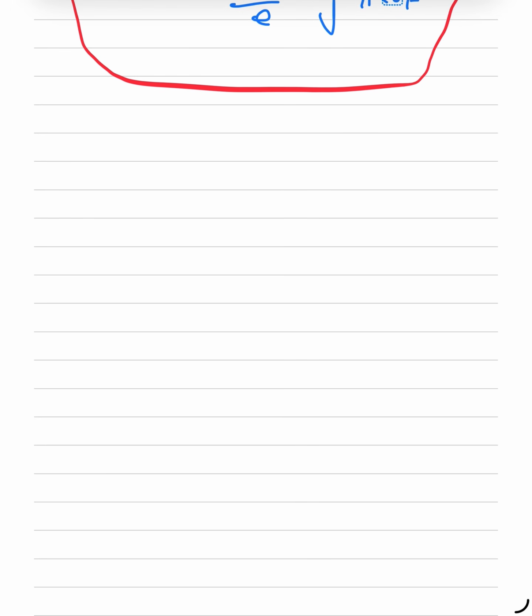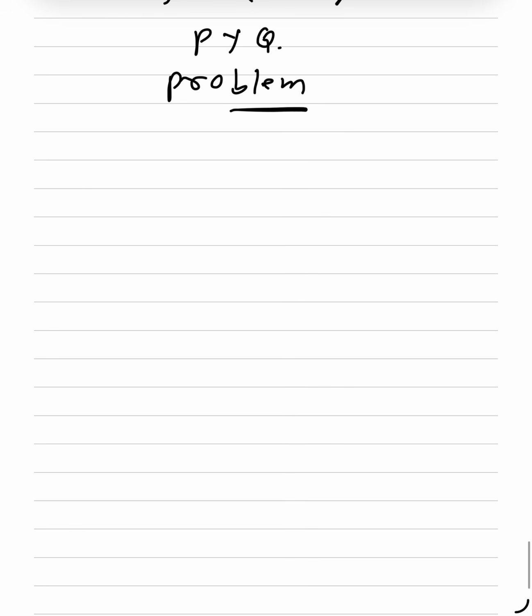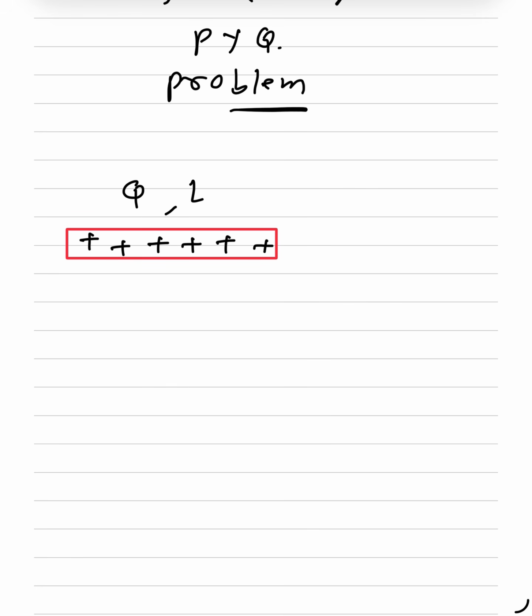And next, JEE Main PYQ problem. Suppose that this is a uniformly charged rod, positively charged as distributed like this, with total charge Q and total length L, and lambda is the linear charge density.